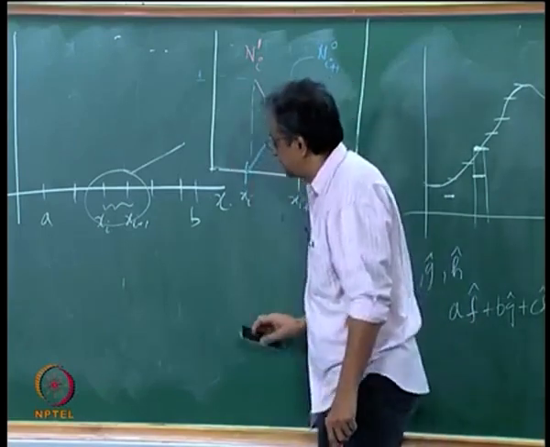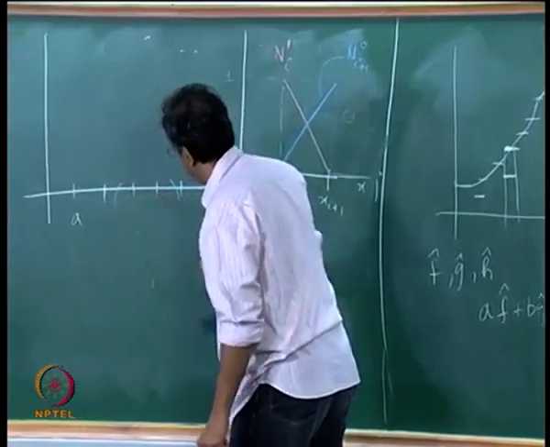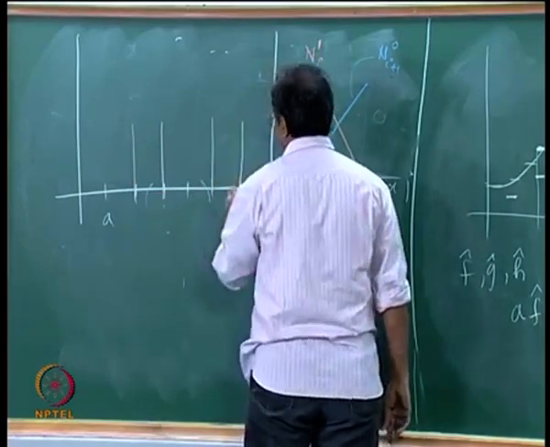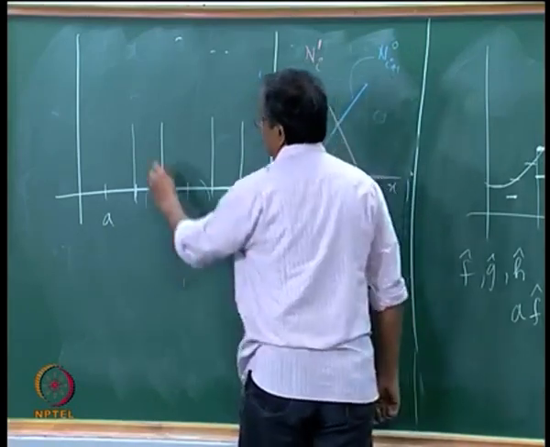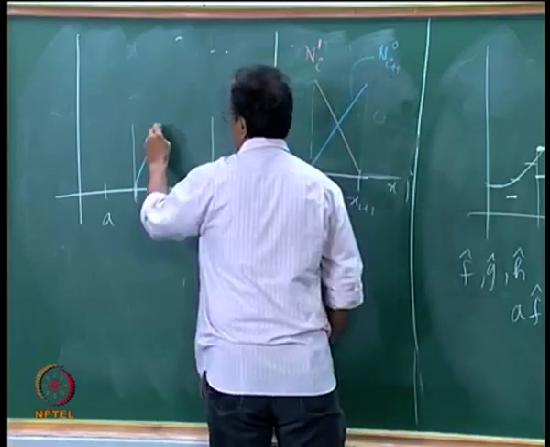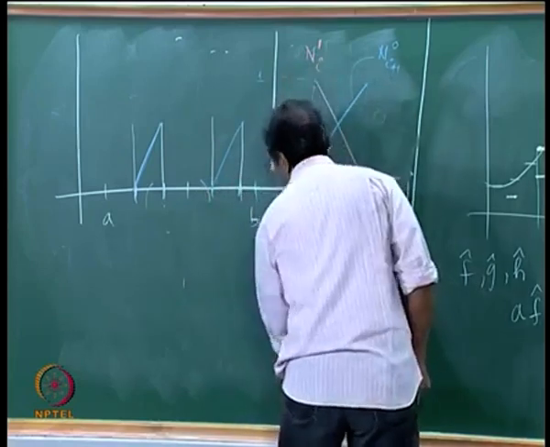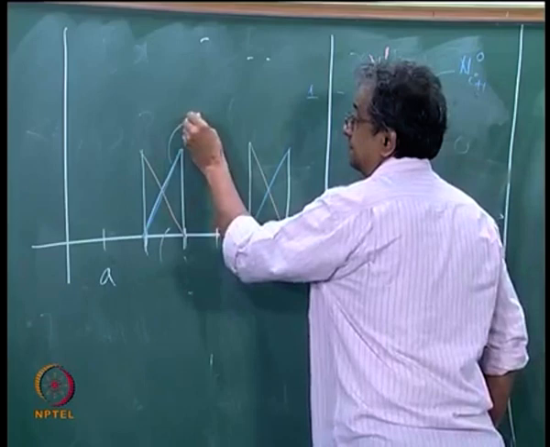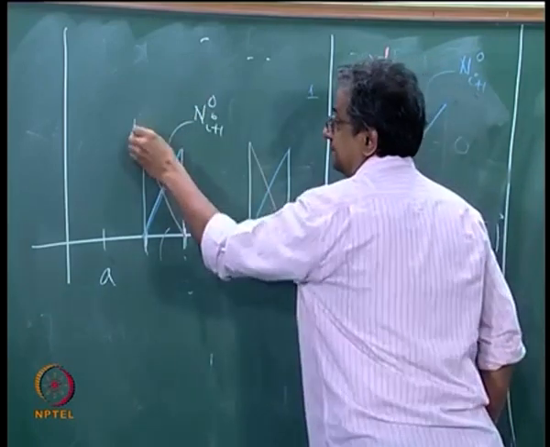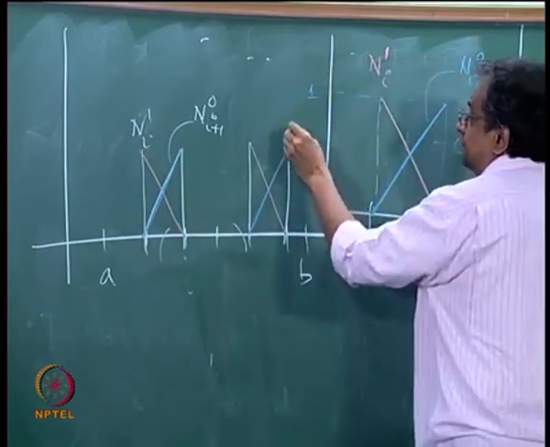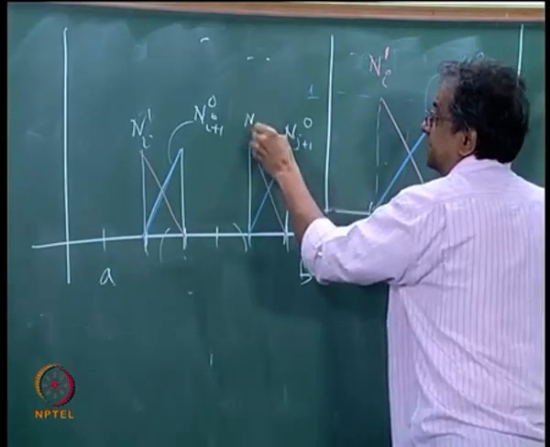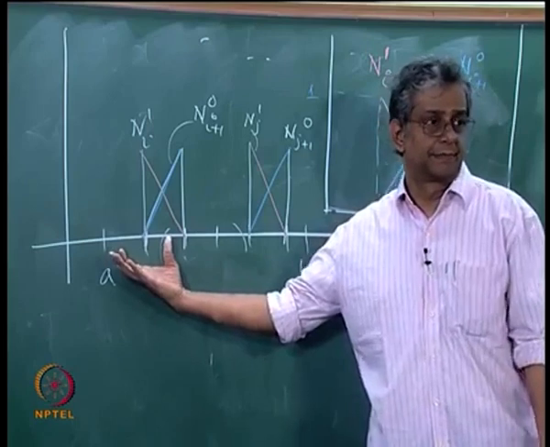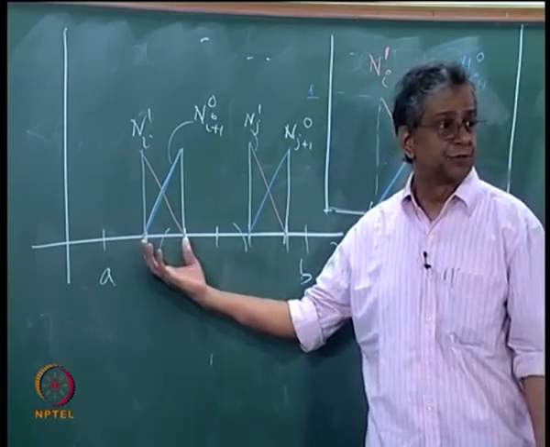Now clearly, if I have two such functions on two different intervals, say one interval here and another interval here, with ni plus 1 0, ni 1 on the first and nj plus 1 0, nj 1 on the second, then each of these functions is orthogonal to each of those functions.